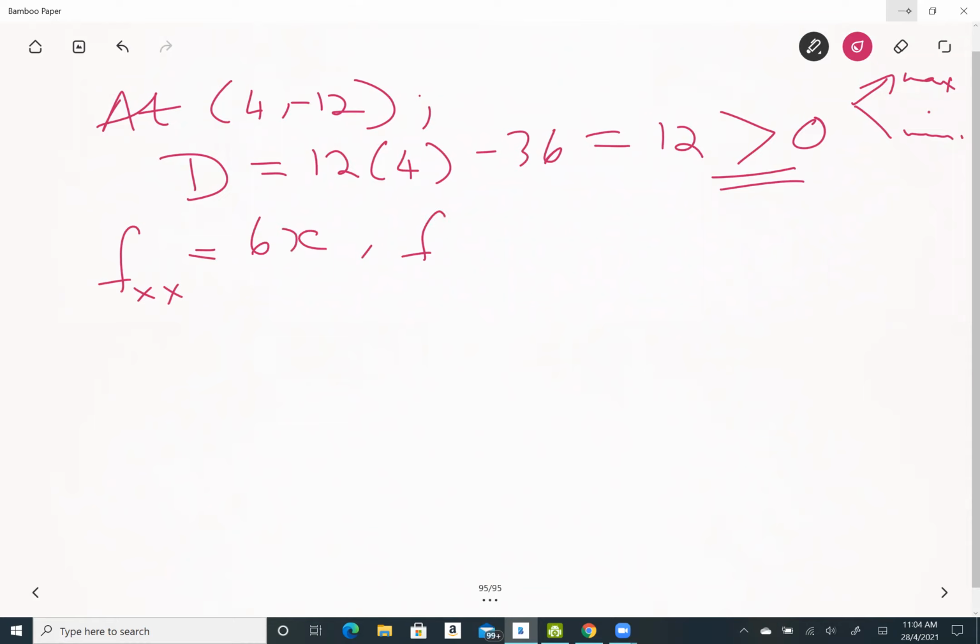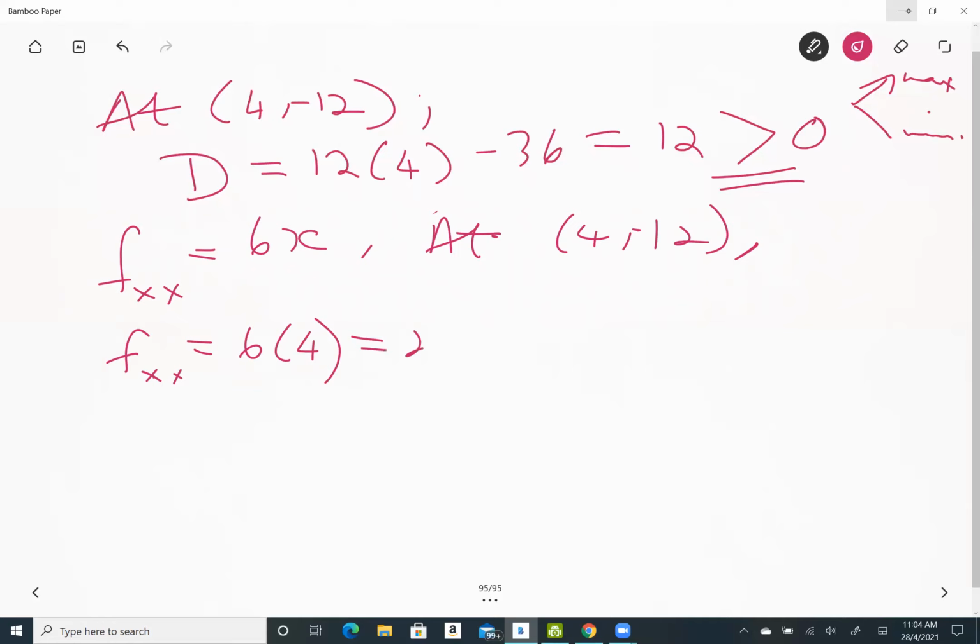So fxx is equal to 6x, and then at 4, -12, fxx is equal to 6 multiplied by 4, which is 24. And that is positive. All right? And then fyy is just a constant, which is 2. So no problem, that will be positive.